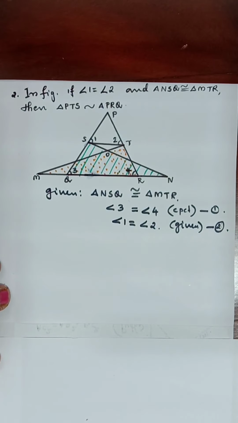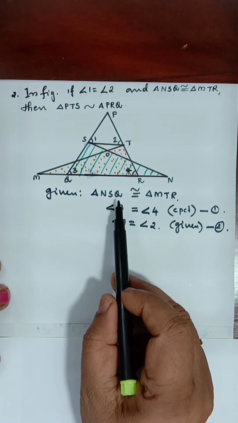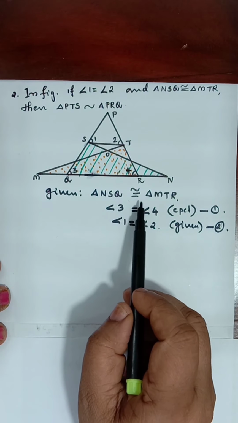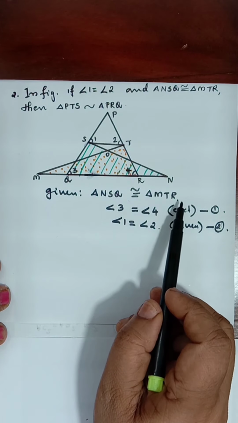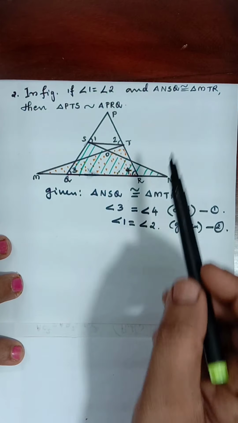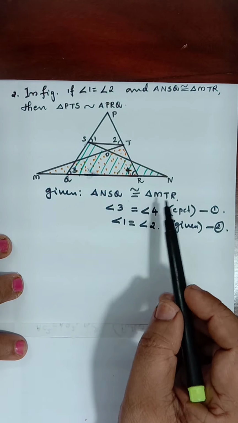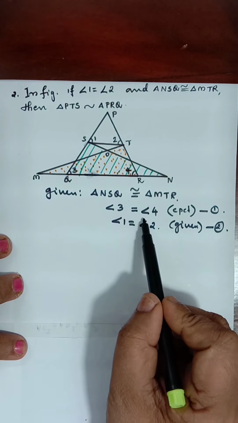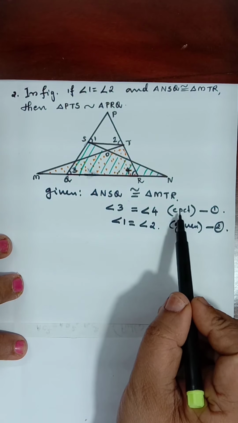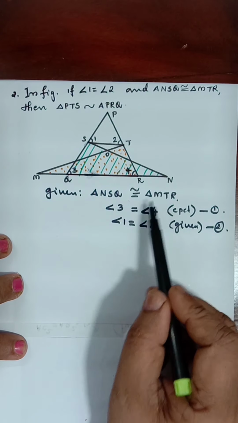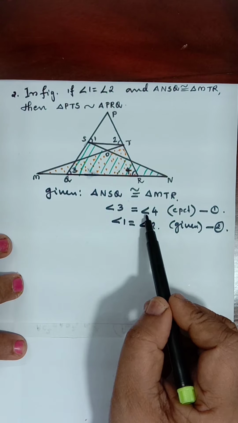Okay children, here we have seen triangle NSQ congruent to triangle MTR, that is given to us in the question. It is there, that I have written already. And angle 3 is equal to angle 4 by CPCT. If these two triangles are congruent, corresponding angles are equal.